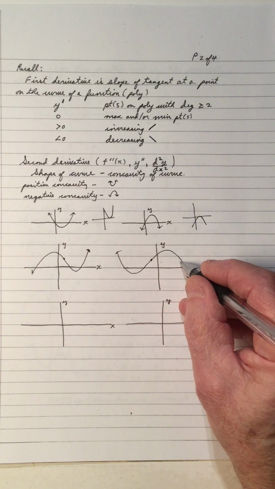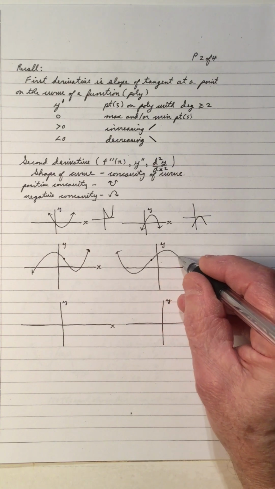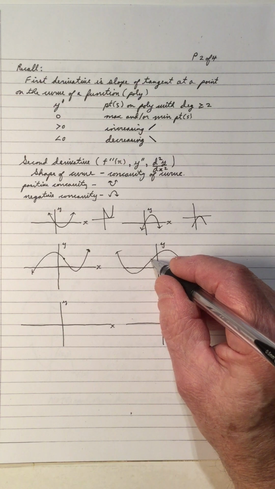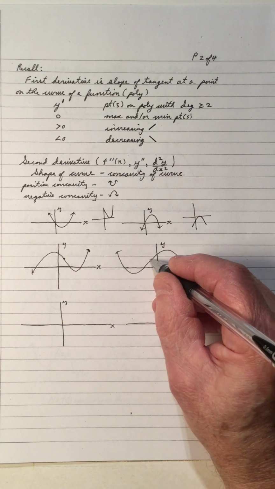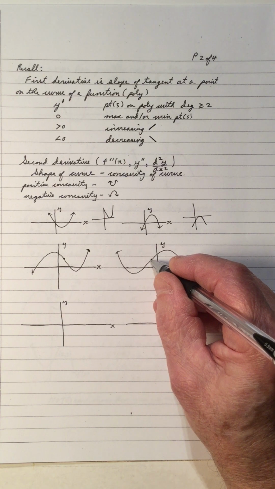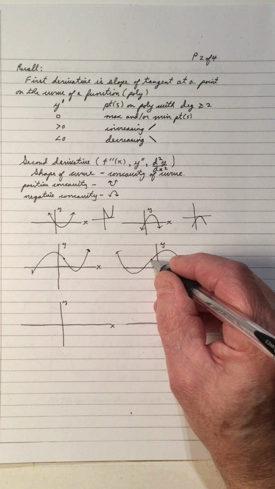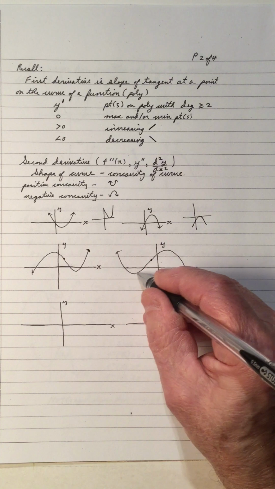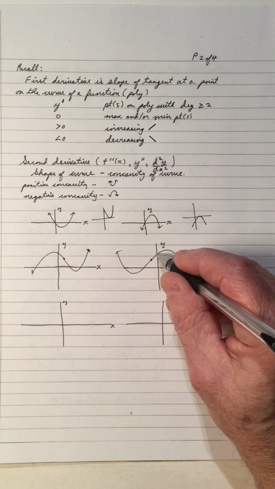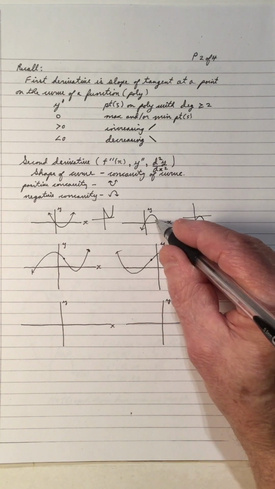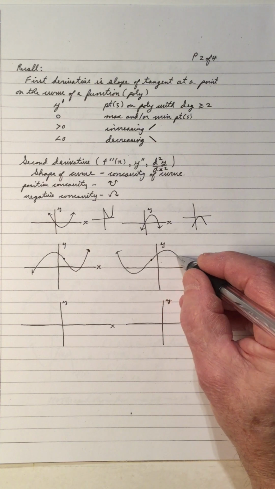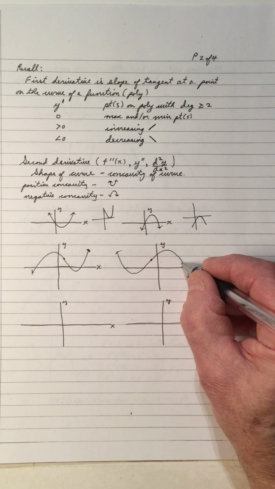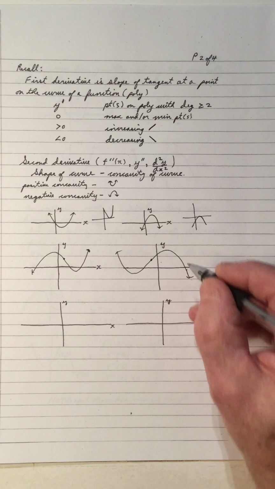On the right side, the concavity is opening downward, so the concavity here is less than 0.